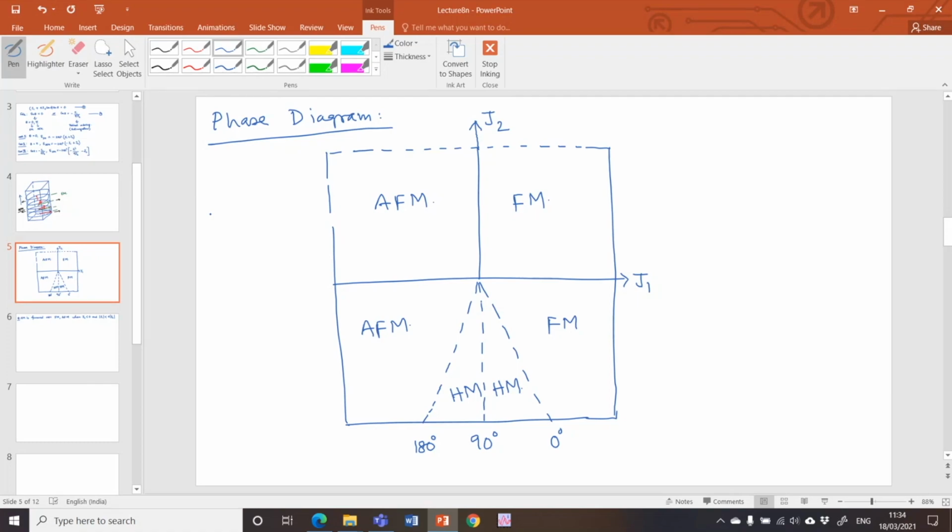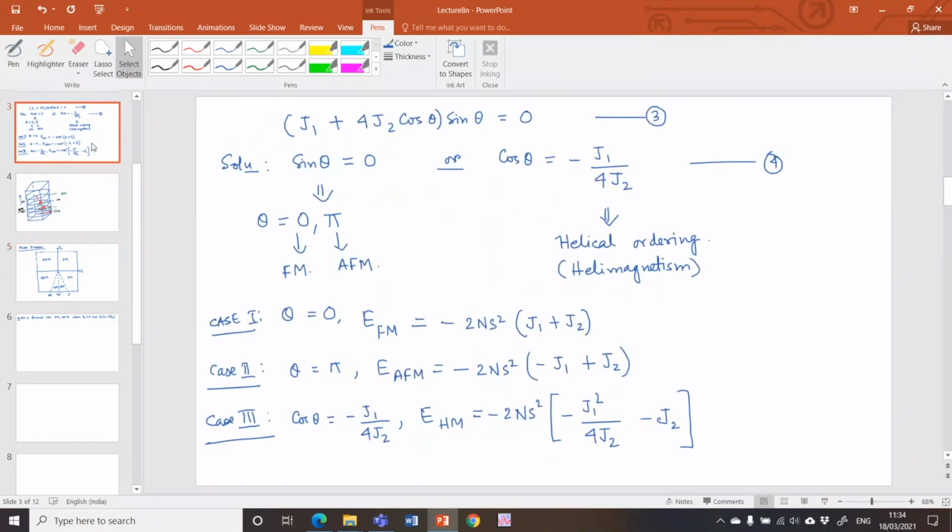For less than 0, antiferromagnetic. Does that answer anything? Sir, because it depends on total energy now. Total energy is something that you are calculating. Sir, I'm not getting here how you are doing that. This one is FM, this one is antiferromagnetic in this phase diagram.